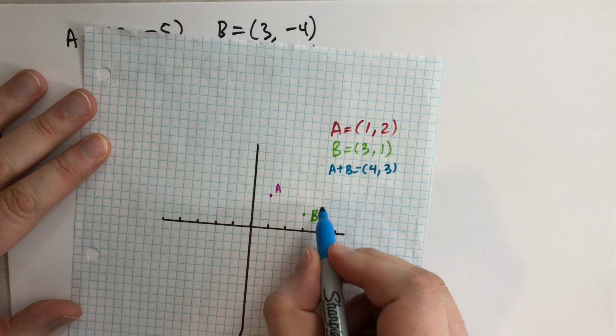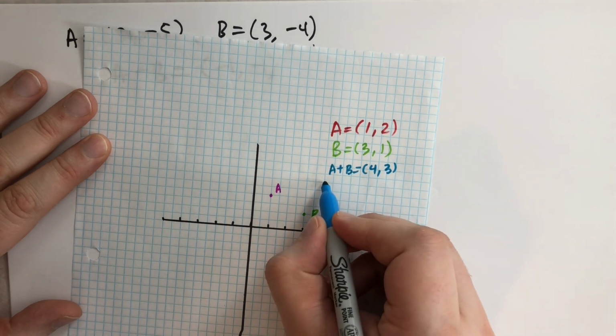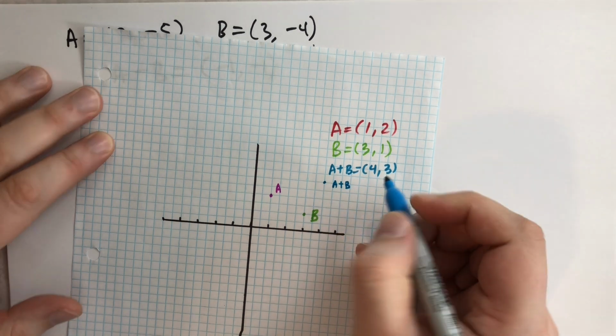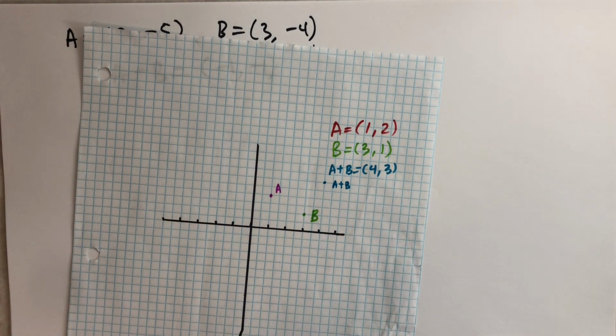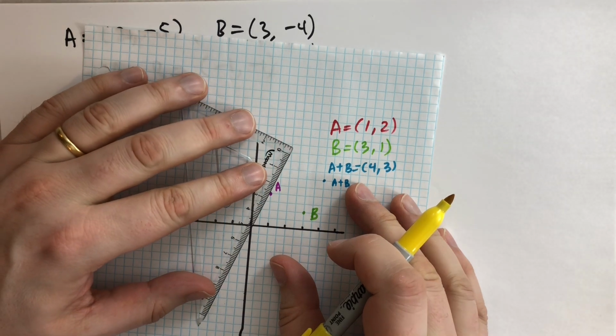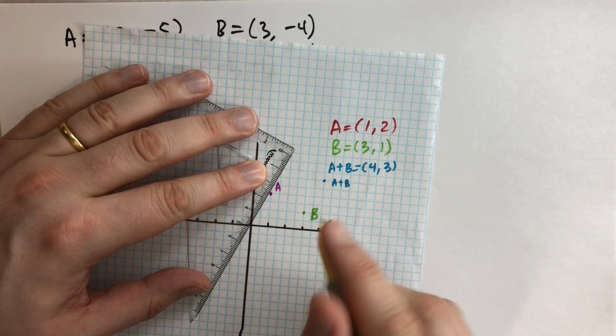So 4, 1, 2, 3. This is A plus B up there. Okay, well, let's draw some lines now. Let's use yellow here. We're just going to connect the dots with the origin and see what we get.